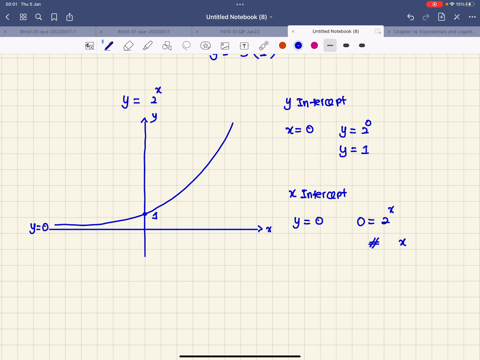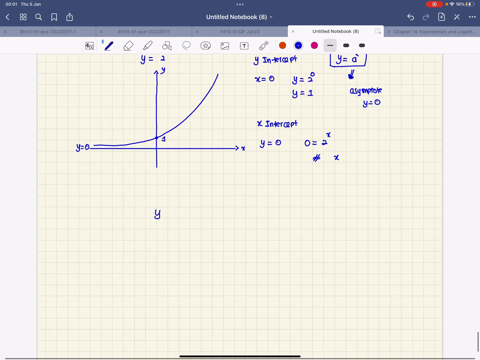So there is an asymptote in any graph of the nature y is equal to a to the power of x. The y-intercept is always going to be 1, and there's going to be an asymptote at y is equal to 0.